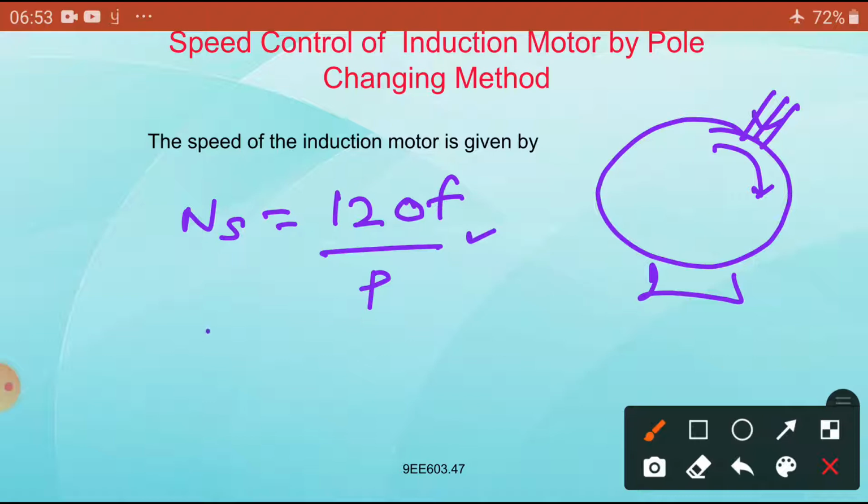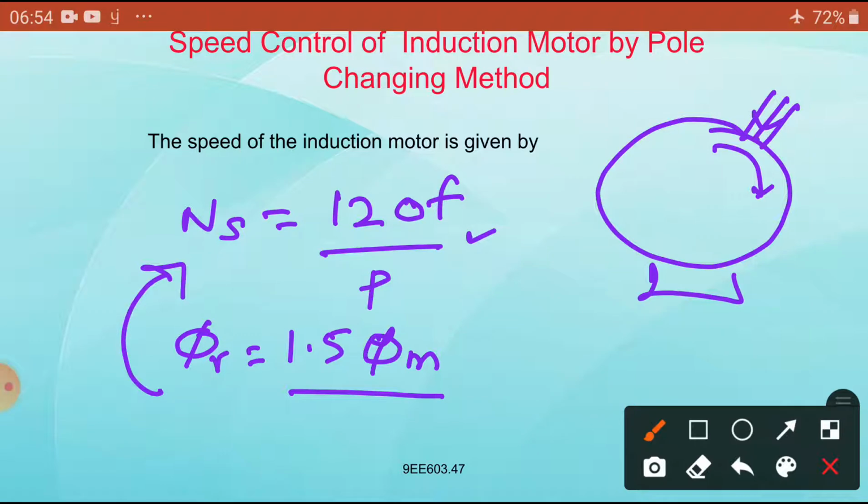The flux produced, phi r, is equal to 1.5 times phi m, the maximum flux produced by any one phase. This is a constant magnitude and rotates at synchronous speed. For example, P is equal to 4 poles, so the Ns is nearly 1500 rpm.